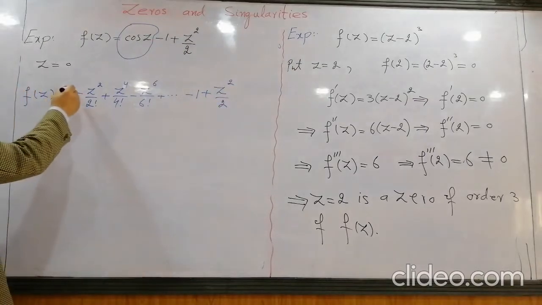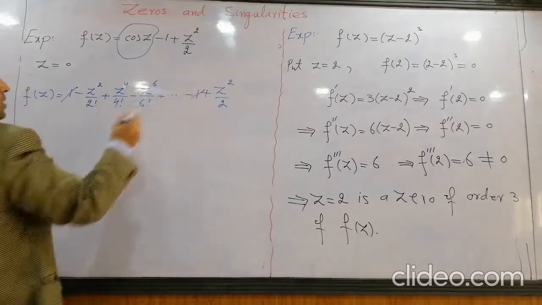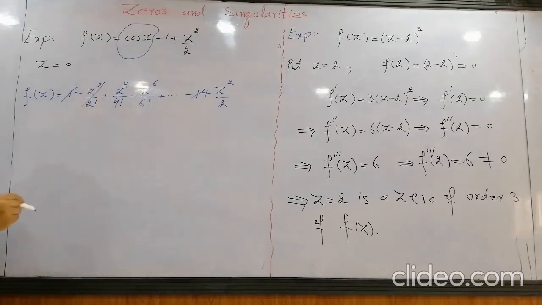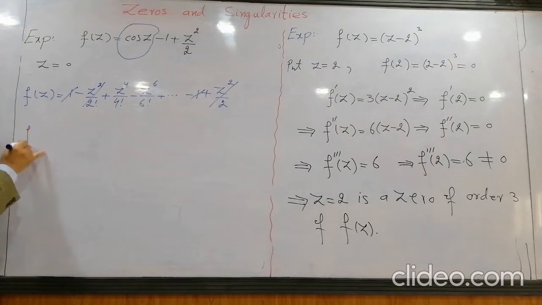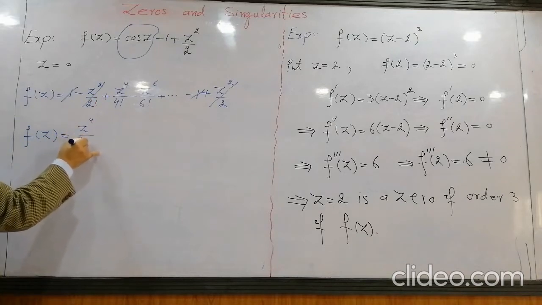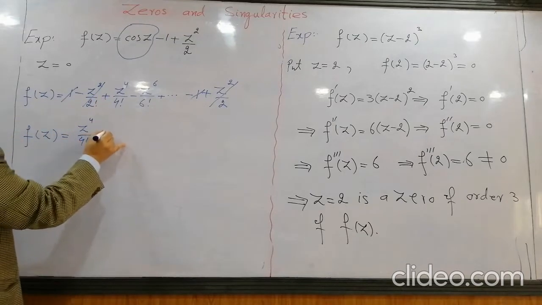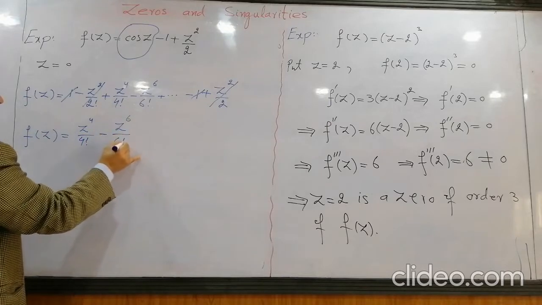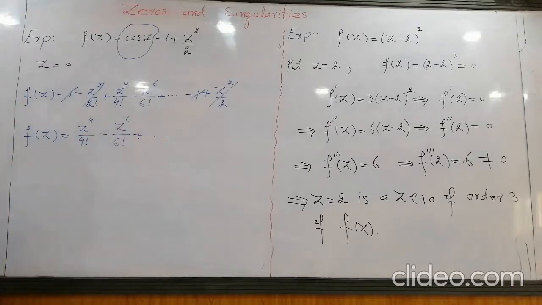And now you can see that 1 should be cancelled with 1 and minus z square by 2 factorial will be cancelled with z square by 2 because 2 is equal to 2 factorial. So I have the function that f of z is equal to z power 4 divided by 4 factorial minus z power 6 divided by 6 factorial and up to so on.